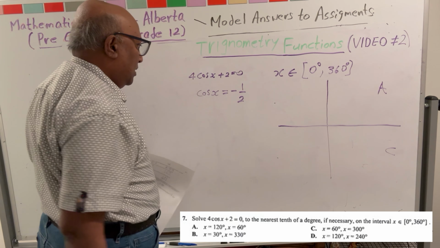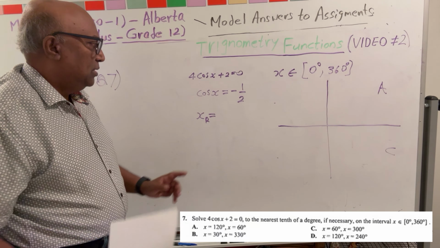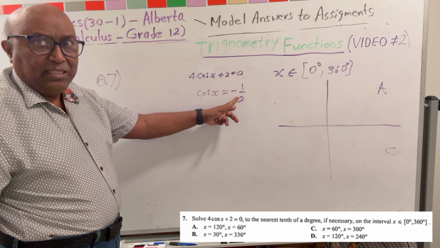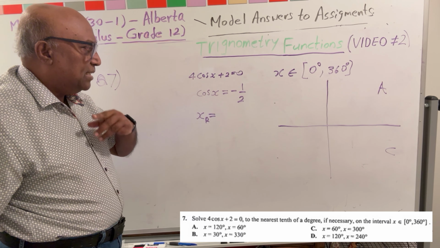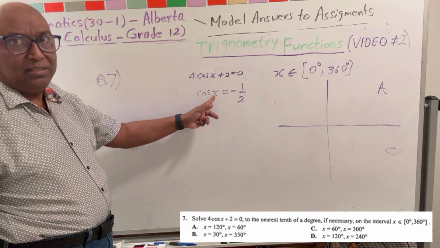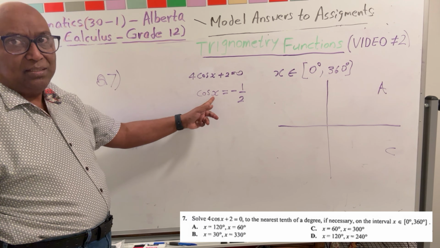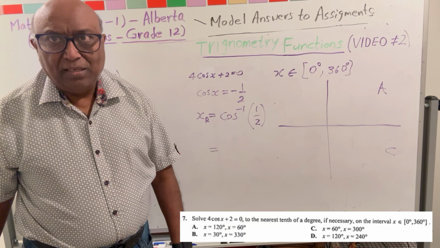Let's find the reference angle. That is a procedure I advised to you. In order to mark the standard position terminal arm, let's find the corresponding reference angle. x reference equals cosine inverse of this positive value, cosine inverse half. From the special triangle we know this is 60 degrees.